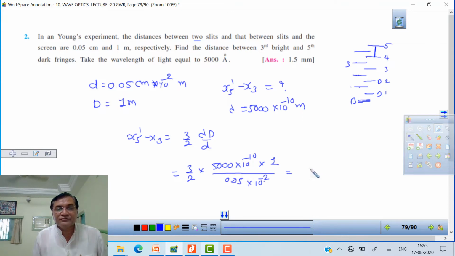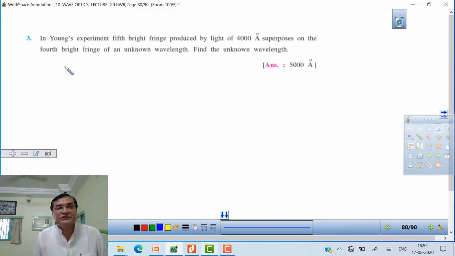So this becomes 3 by 2, I keep it as it is. This is 5,000. How much is it? Minus 4, minus 6, minus 6 and minus 3. So 10 raised to minus 3. This is nothing but 1.5 after cancelling, so this is 1.5 millimeter. So this is our answer.